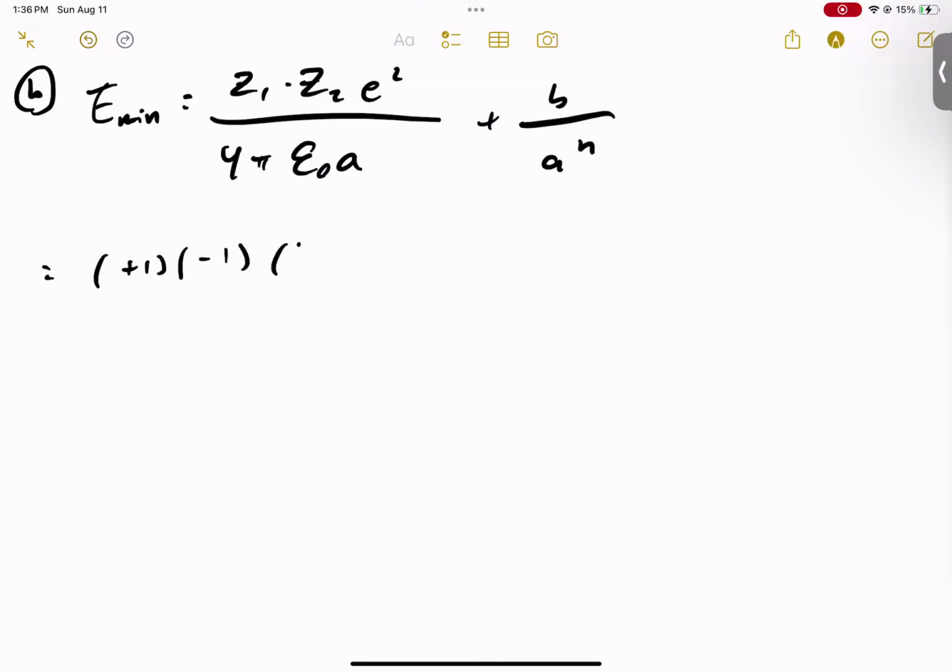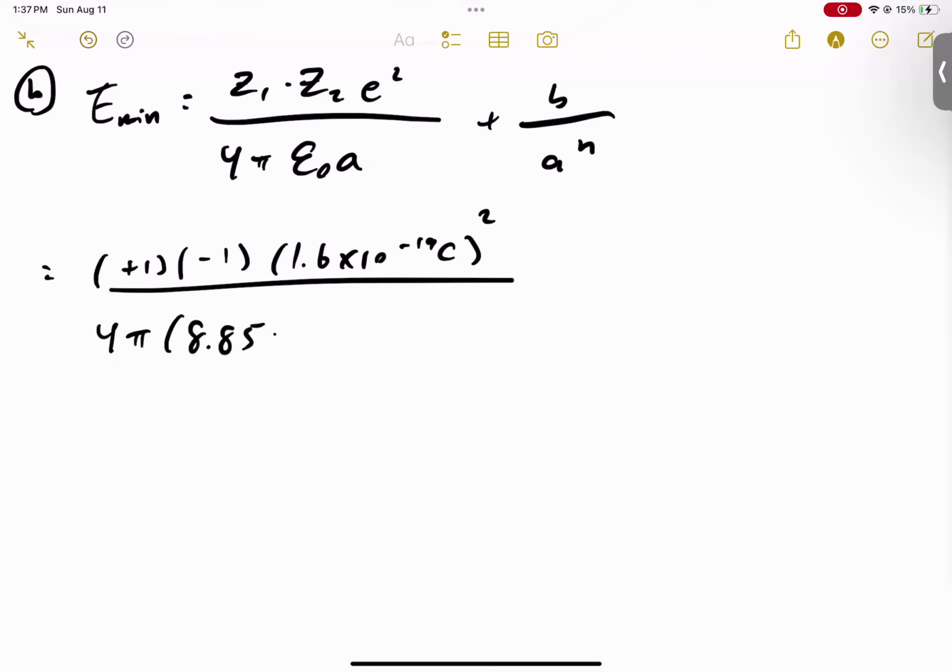That's multiplied by 1.6 times 10 to the negative 19th coulombs, that's the e value, squared. Over 4 pi times 8.85 times 10 to the negative 12 coulombs squared over newton meters squared, that's the constant, multiplied by the interionic distance, 2.76 times 10 to the negative 10 meters.